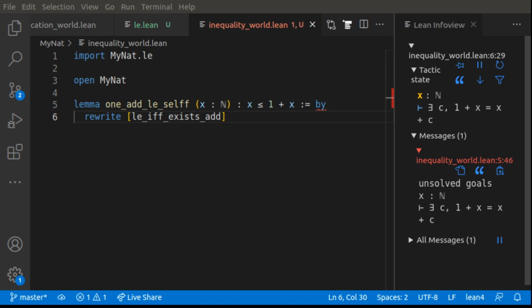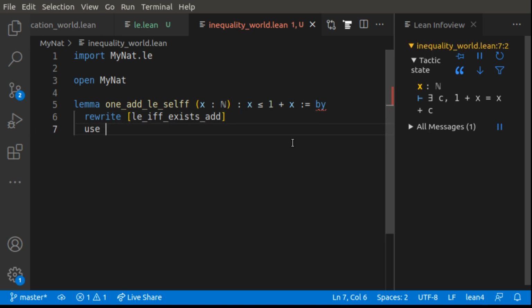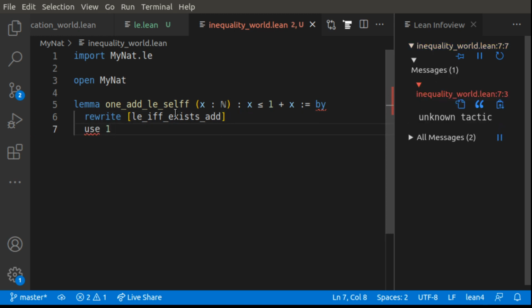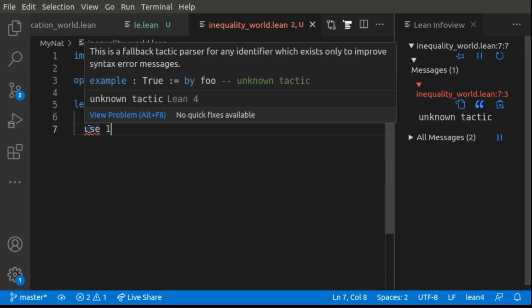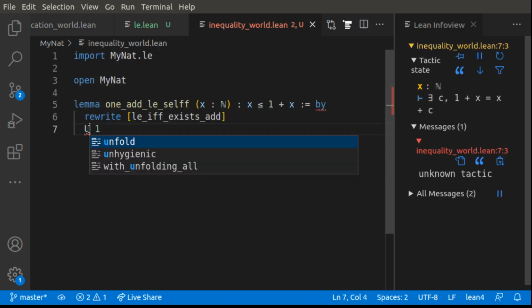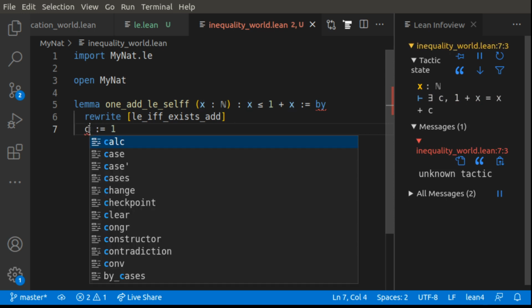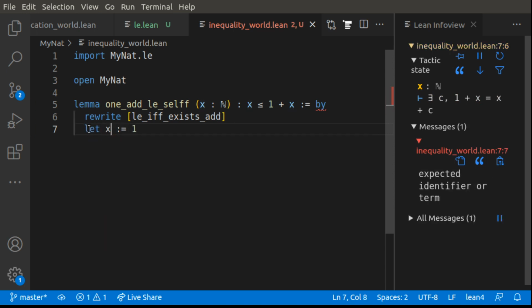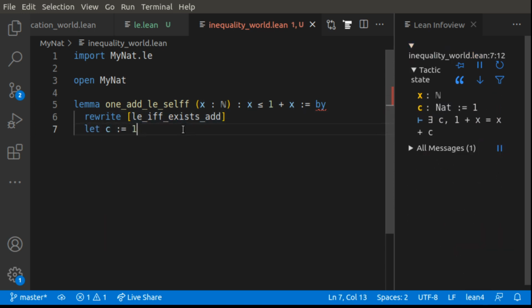So the use tactic can be used on goals of the form there exists c. The idea is we choose which natural number we want to use and then we use it. So in Lean 3 it would be use 1, letting c equal 1.